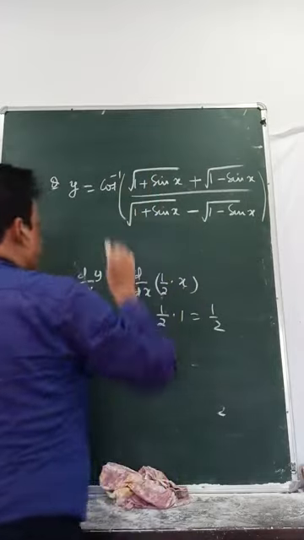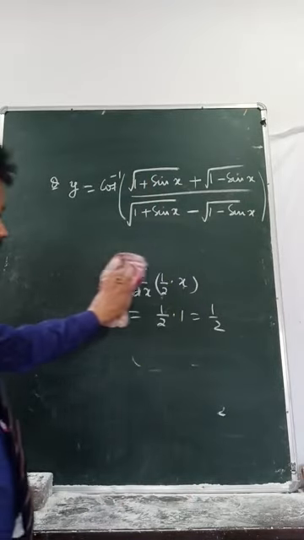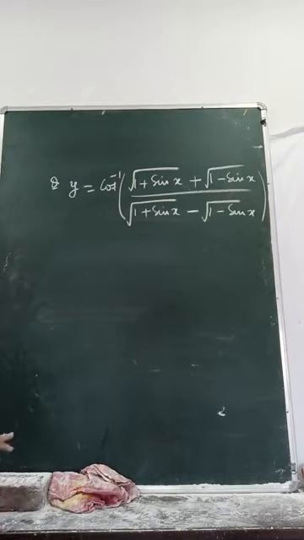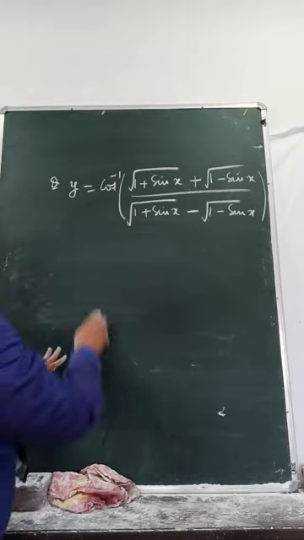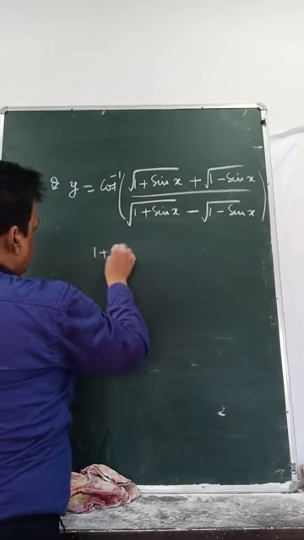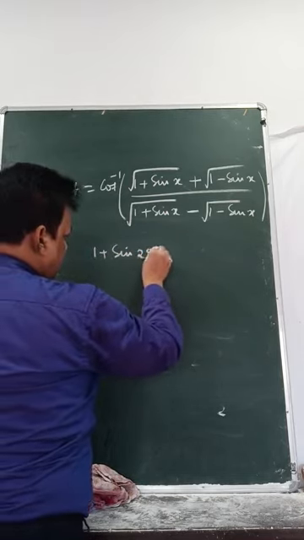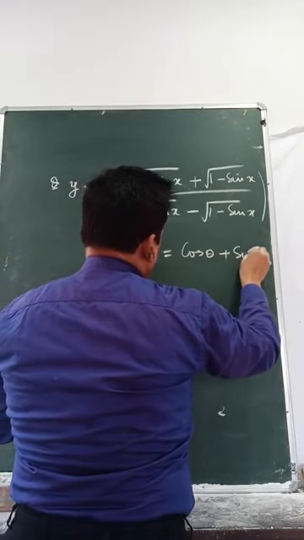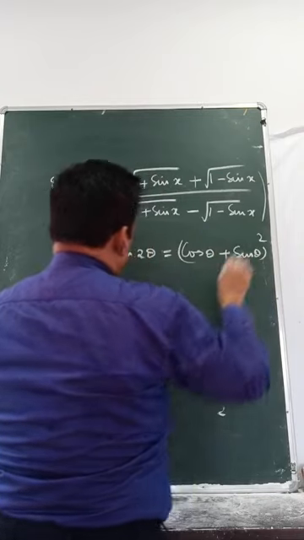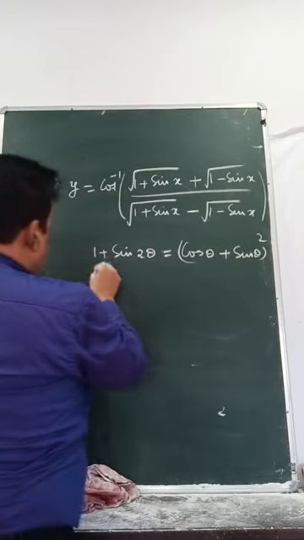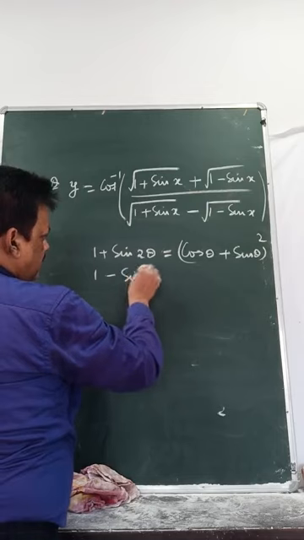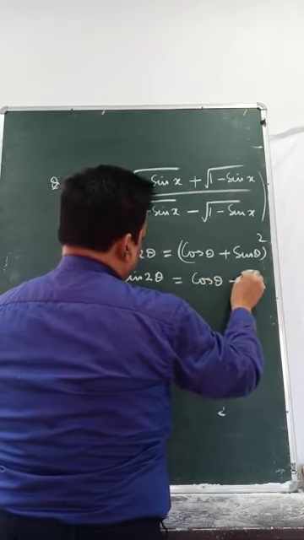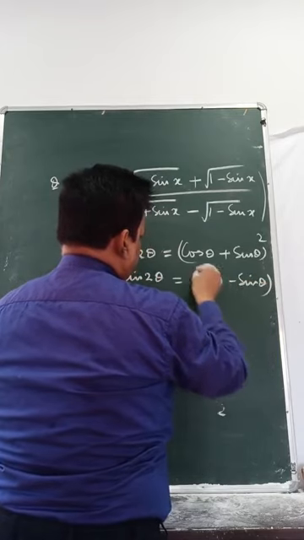Okay, so I'm giving an application of a formula here. The formula which can be applied here: 1 plus sin 2 theta is cos theta plus sin theta whole square. Look at here, again half angle, and 1 minus sin 2 theta is cos theta minus sin theta whole square.